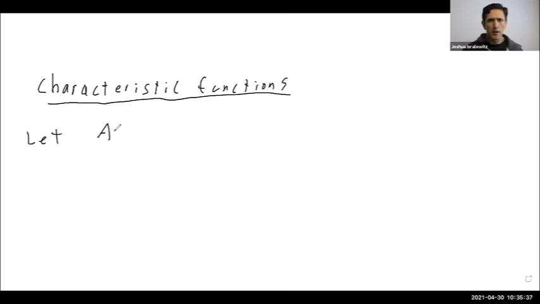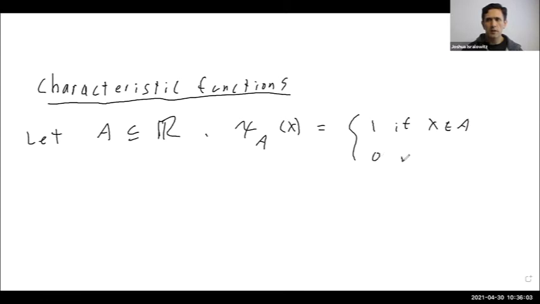So let's say we have a subset A of the real line. For any x in the real line, this is a function defined on the real line. Let me just write the definition. It's 1 if x is in A, 0 otherwise.